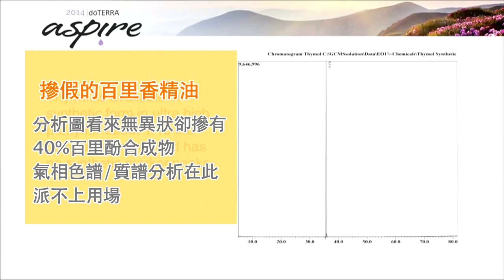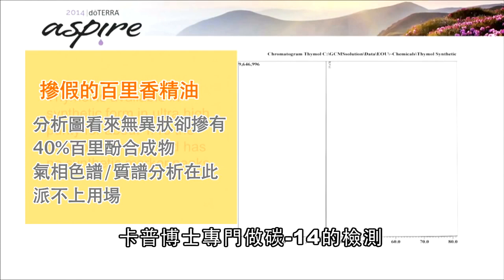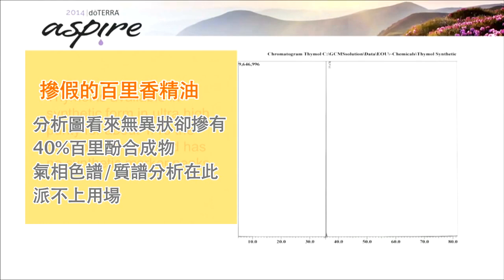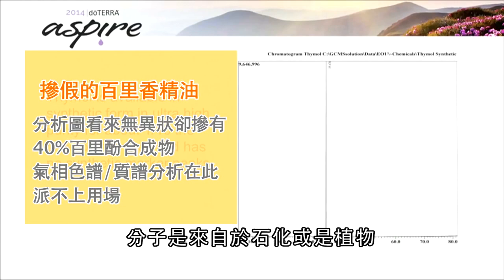Well, this is an example of where we'd have to send the sample out to the University of Georgia, Dr. Culp there, who does carbon-14 testing. Now what the carbon-14 isotope test does is it can tell when a molecule is from a petrochemical source versus a plant source.